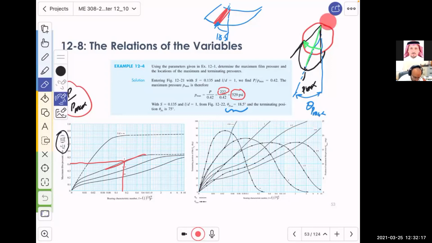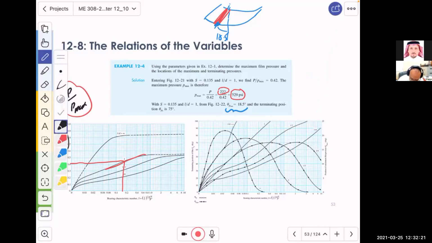So just for the sake of your understanding, let me quickly redraw it again. So this is the journal bearing, and I'm going to make it in blue. This is 18.5, so this is the location of P maximum. There is another angle over here, which is called theta P0.